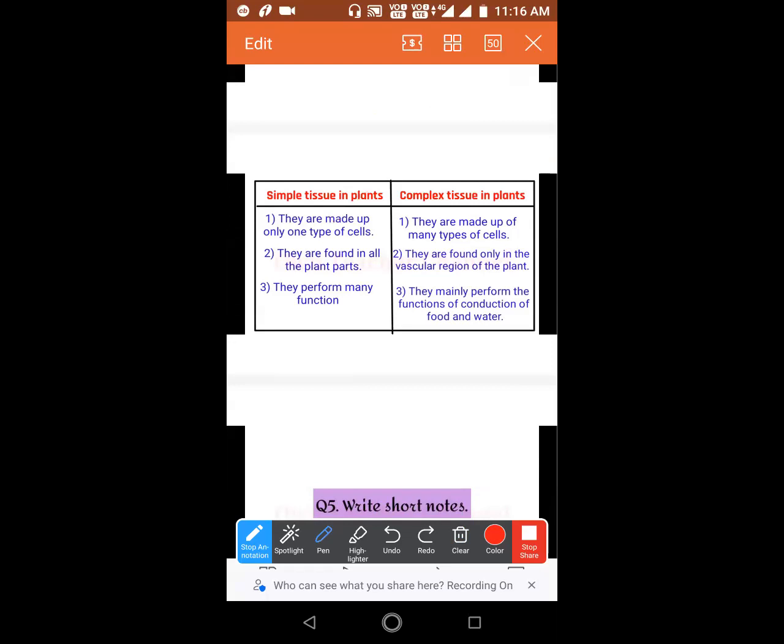Now we will discuss the question: what are the differences between simple tissues in plants and complex tissues in plants? The first point: simple tissues are made up of only one type of cells.